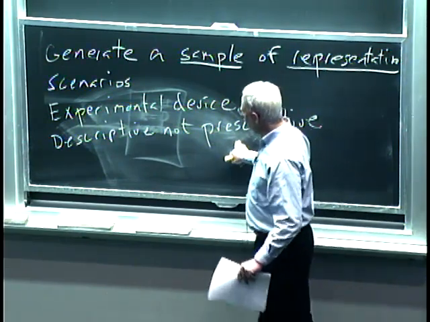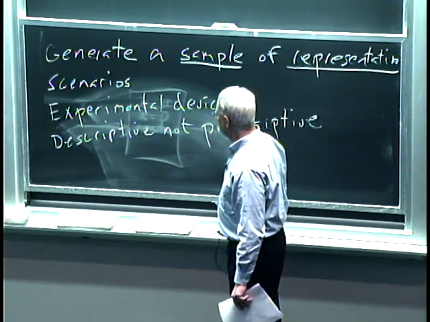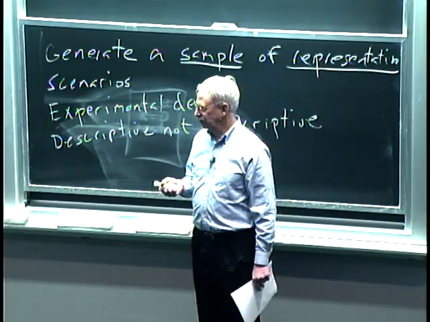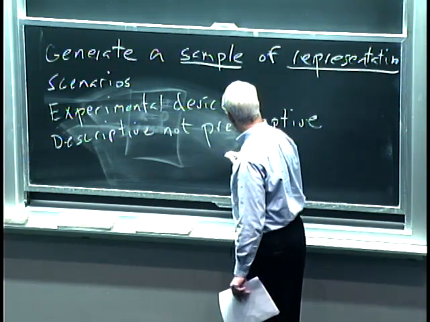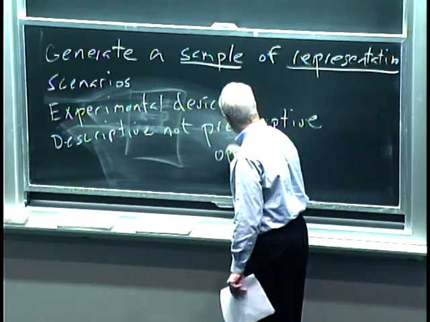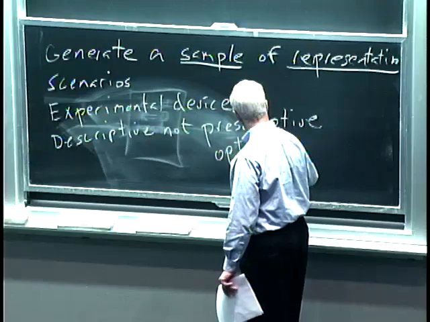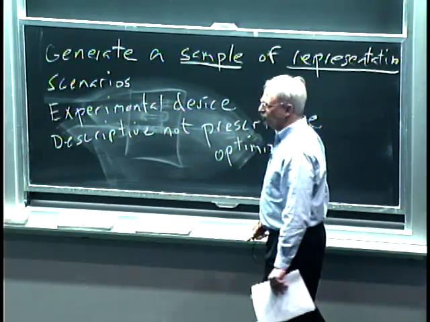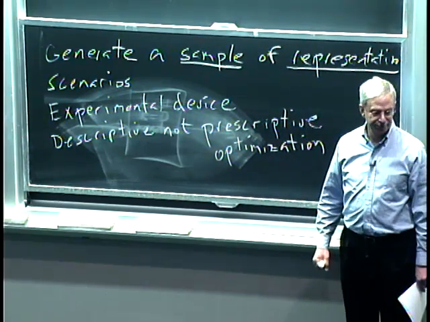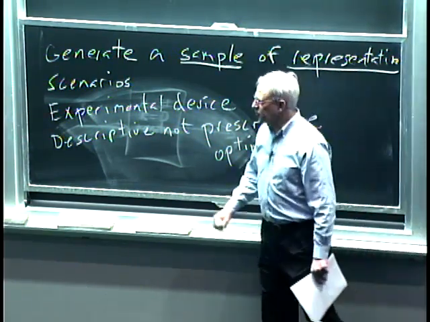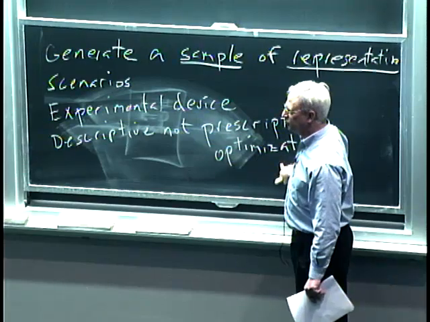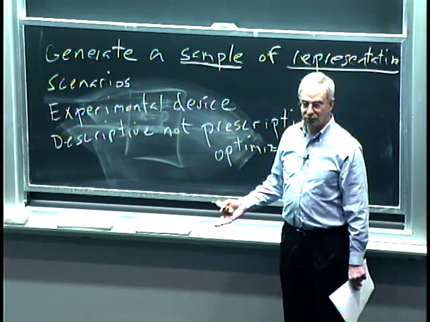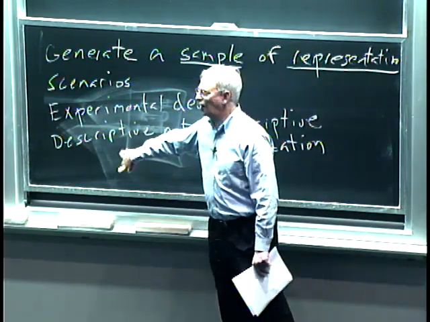So another way to think about this is a simulation is not an optimization procedure. When we looked at optimization, that was prescriptive. We ran an optimization algorithm, and it gave us the best possible solution. A simulation typically doesn't give you the best possible solution, but if you give it the starting point, it will tell you the consequences of that.